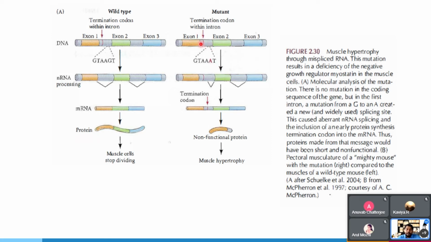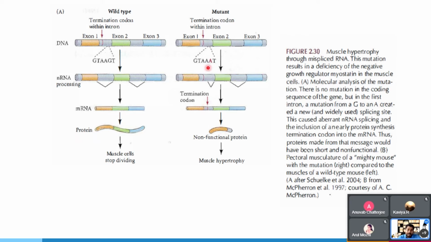So instead of the boundary between the orange and the gray region being recognized as the splice site, this is recognized as a splice site, and so this entire portion of the exon and partially the intron is incorporated into the mRNA. So we have an mRNA that looks like this. So part of the intron is also incorporated into the mRNA.